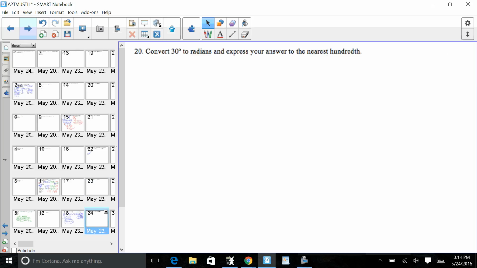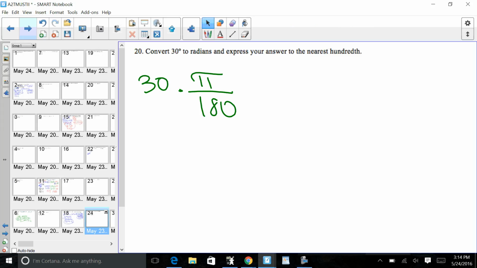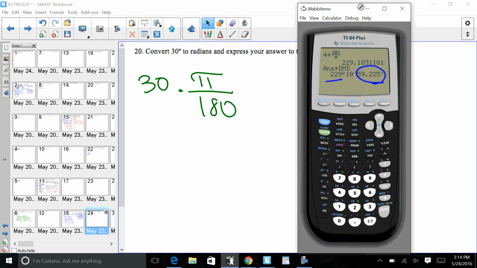Now 20, I want you to convert to radians. If I'm converting to radians, pi goes on top. Now, sometimes it wants the answer in terms of pi, sometimes it wants it rounded. Because it wants it to the nearest hundredth, I'm going to type pi in. I'm going to type in 30 times pi over 180.